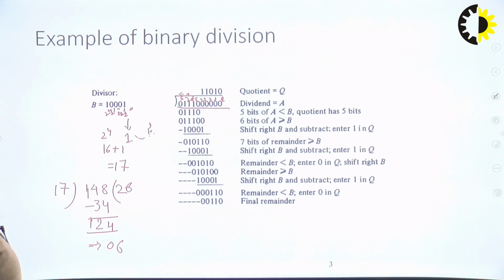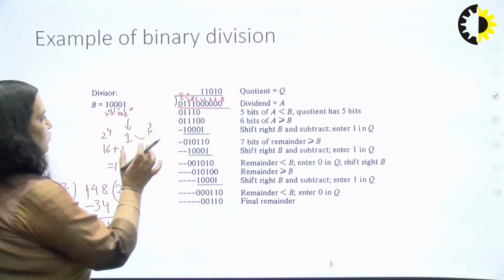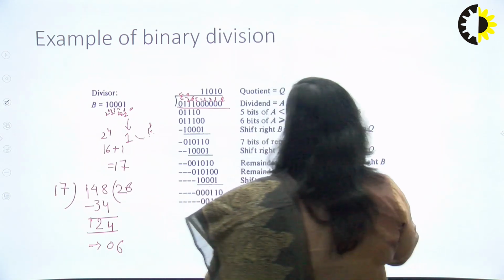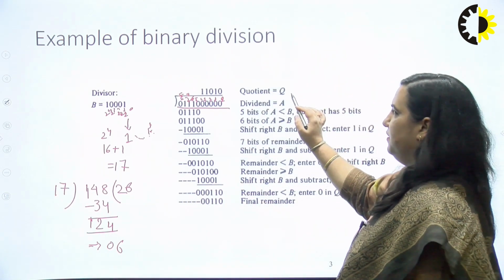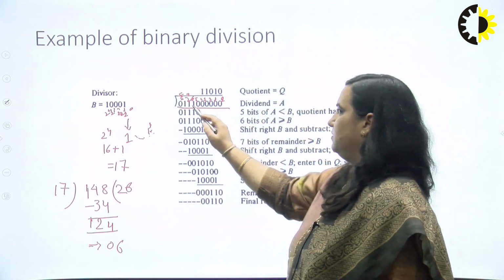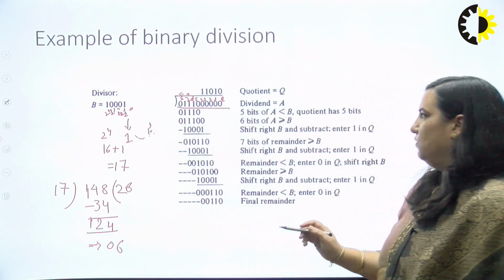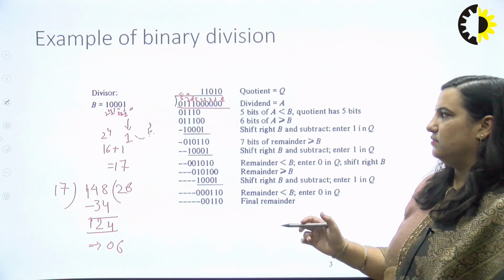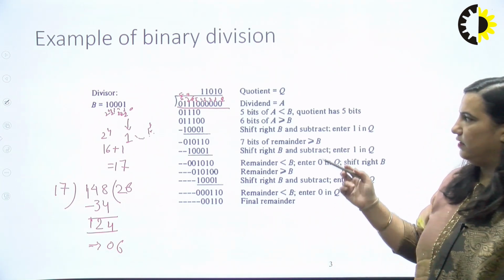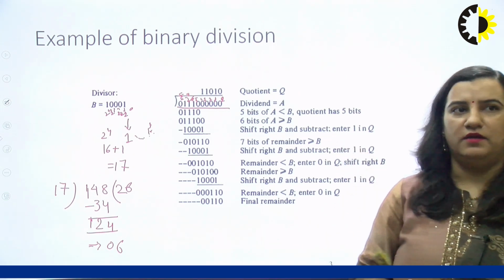This is normal decimal division. If we have to perform this in binary form, the quotient is stored in the Q register, the dividend in the A register, and the divisor in the B register. As I said, the thumb rule is that the dividend should be greater than the divisor.